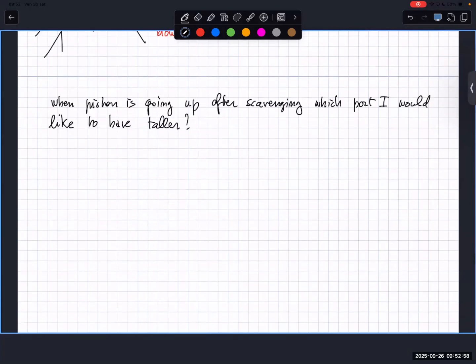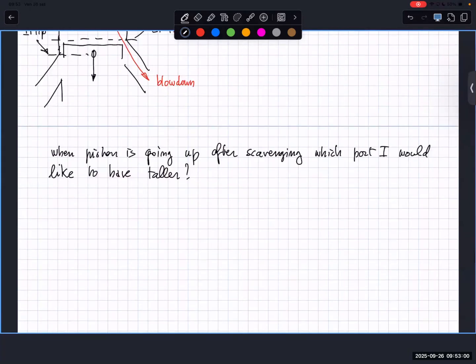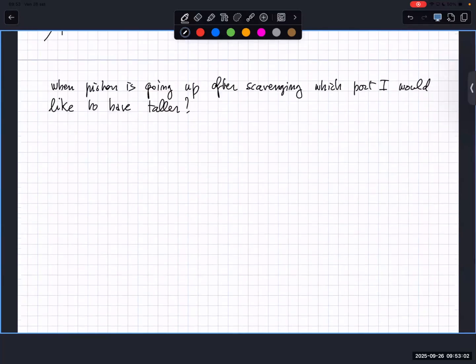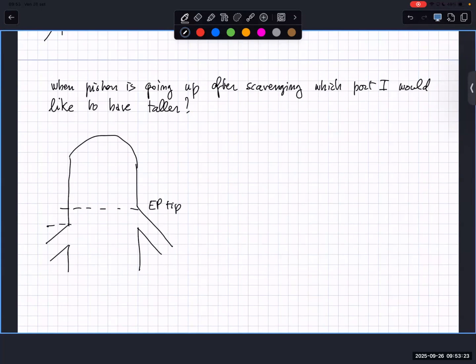Yes, because imagine the same configuration when the piston is going up. So this is the exhaust port tip, and this is the intake port tip.